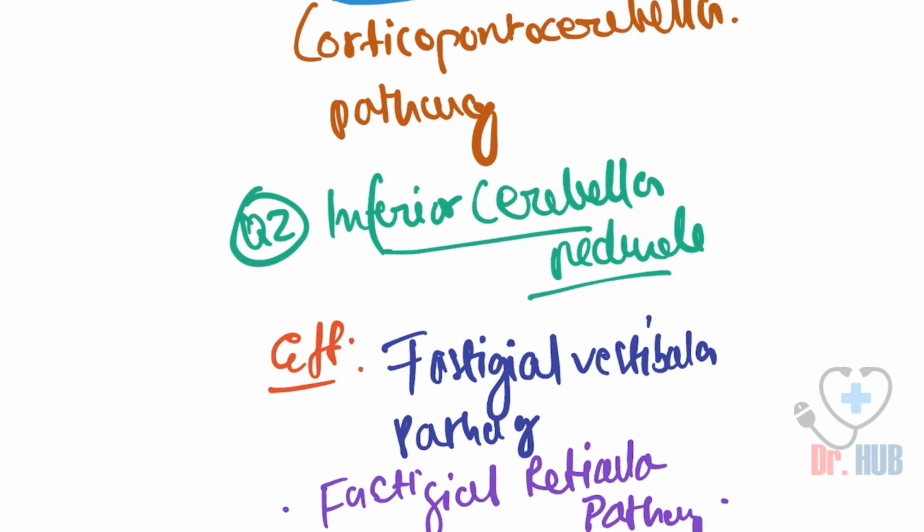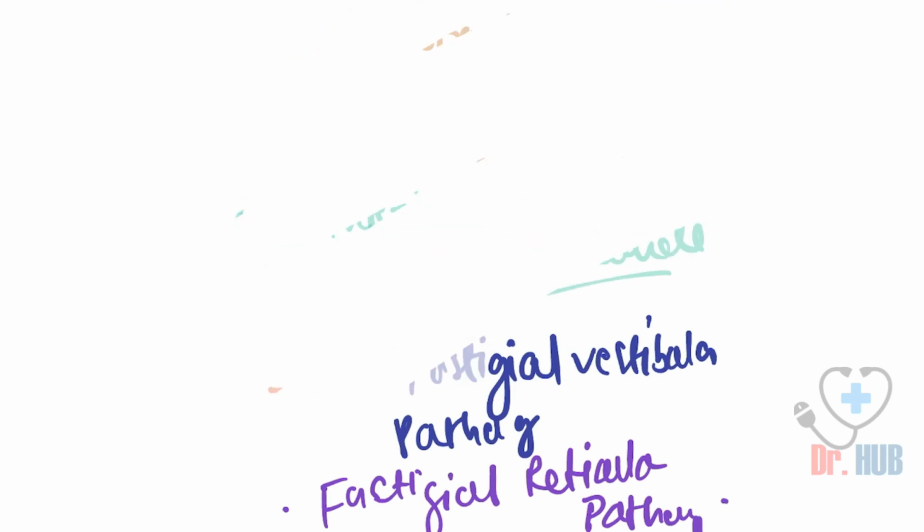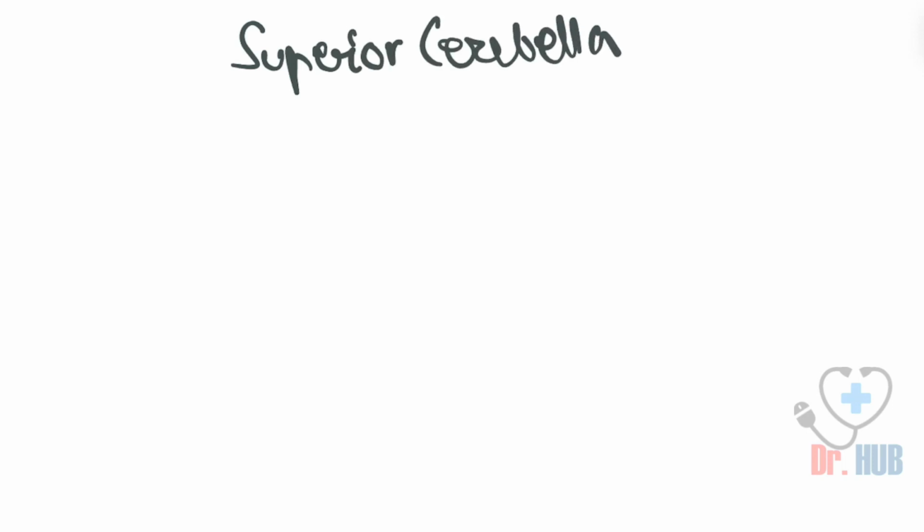So this much is over. Then we have the last question. The last question we asked is, in terms of the superior cerebellar peduncle, what are the efferent fibers?